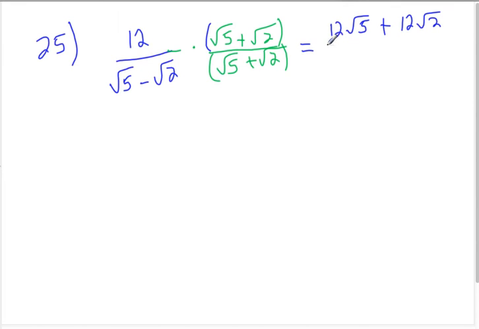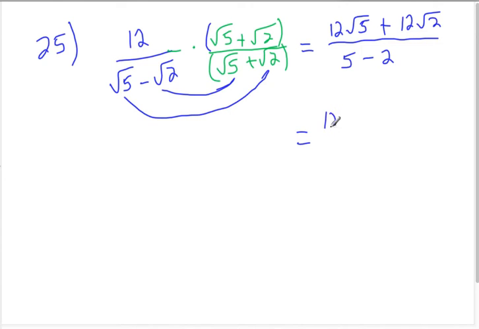So the top is kind of messy, but the bottom is going to be root 5 times root 5 is 5. Root 2 times root 2 is 2, but remember one of these is minus, so minus 2. And the reason there's only two things and not three is because we have a minus root 10 because of these two things, and a plus root 10 because of these two things that cancel each other out.